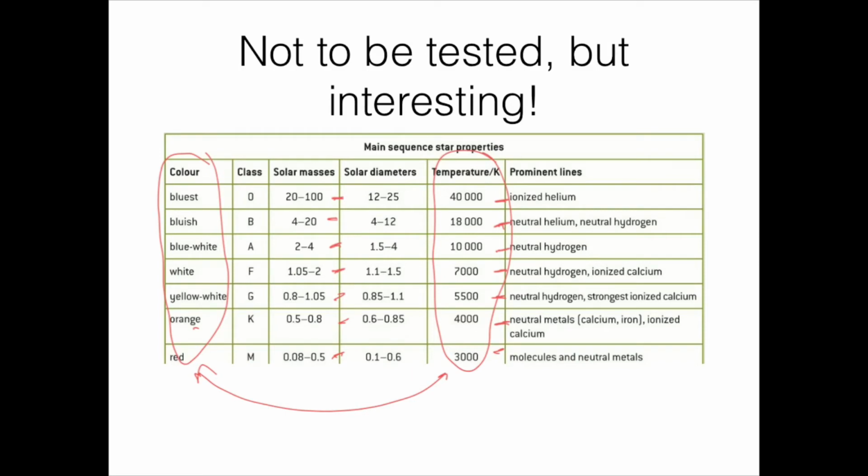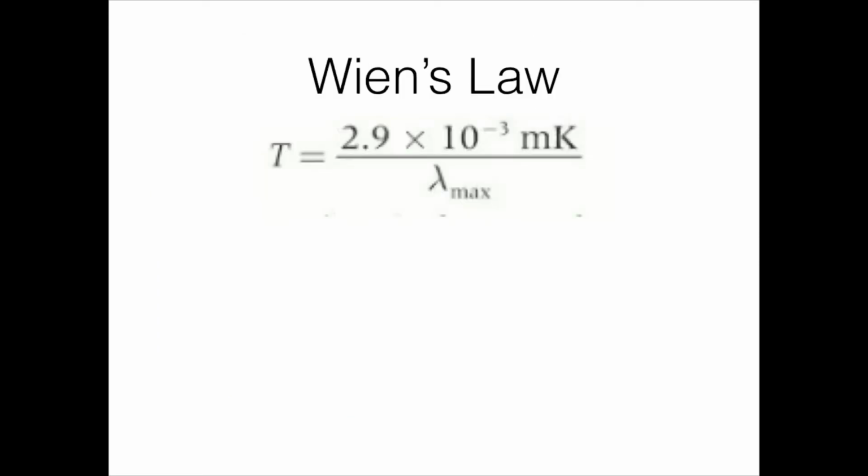One of the other parts of this idea is something called Wien's law. We've actually looked at Wien's law before, right? Wien's law basically says that if a black body has a very specific curve, this curve belongs to a specific temperature.